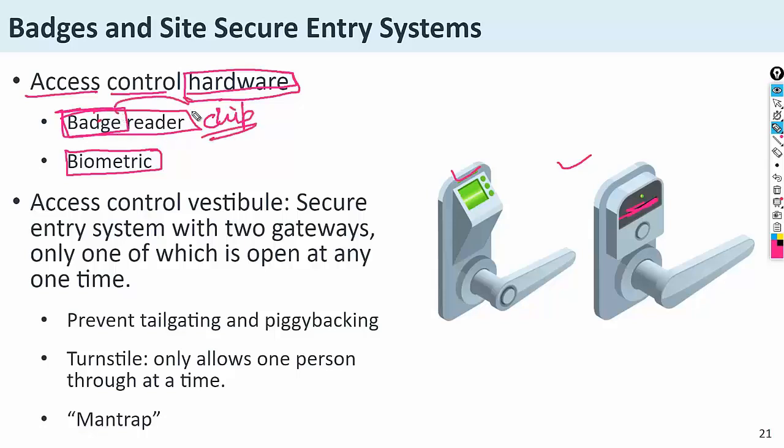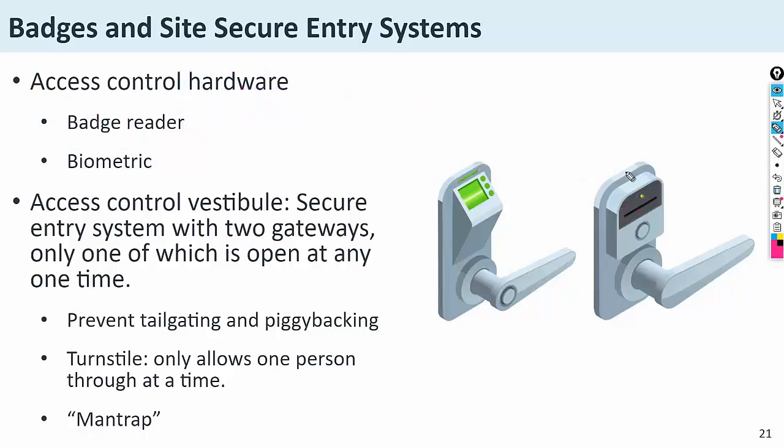On the badge there is a chip, and the chip has some data which is encrypted by a key or cryptography. When the card is put on the reader, it reads the data and then decides whether you are an allowed person or not. Similar to a metro card, all of us know about this.